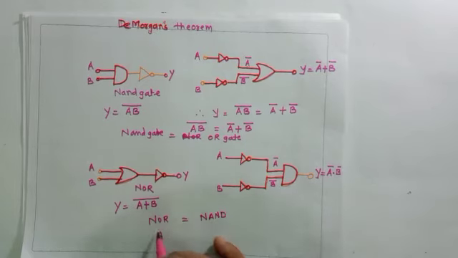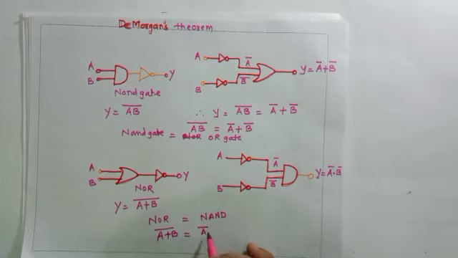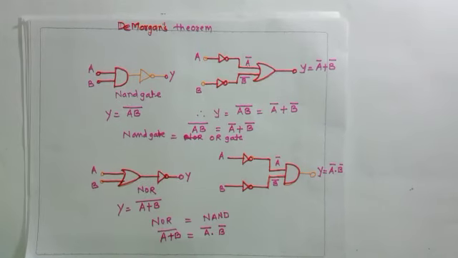Here the complement of A or B is equal to complement A and complement B. These are the two theorems given by De Morgan's. Using these two theorems we can solve some examples like this.